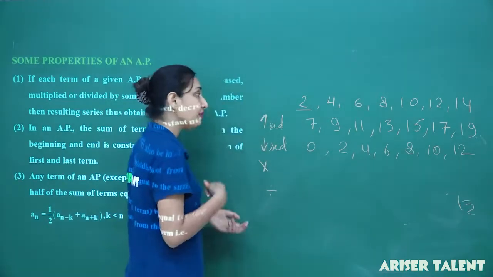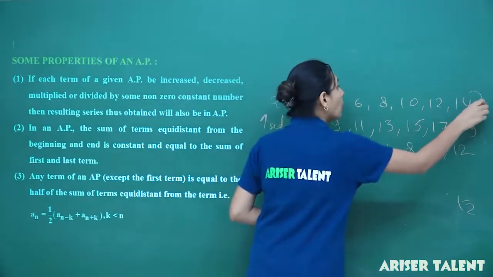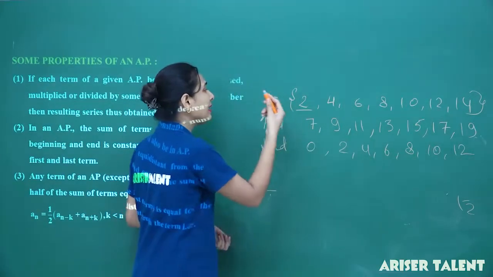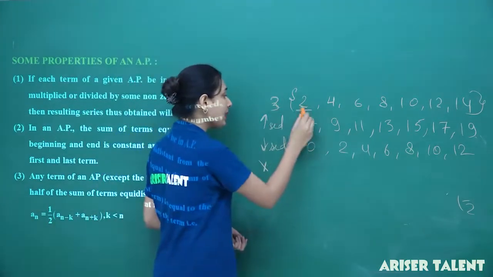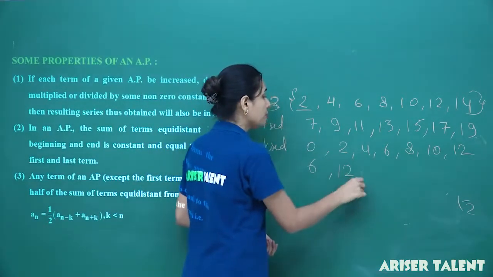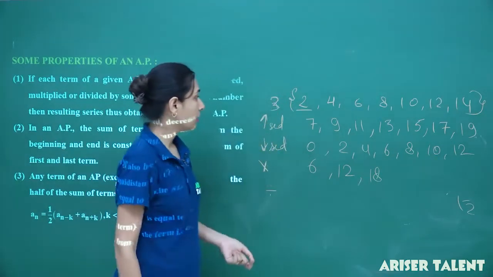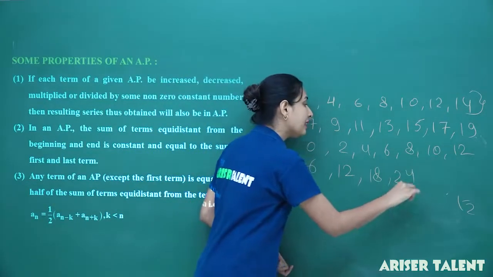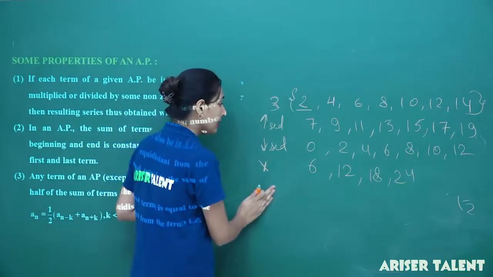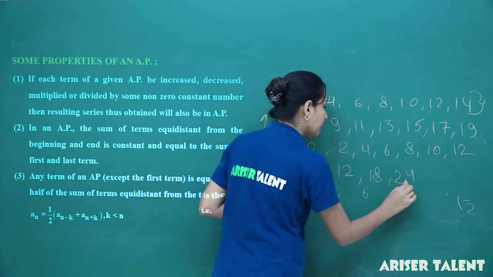Now if I multiply it by 3, that will be 6, 12, 18, 24. Let's leave it here only. Now the difference is 6, the difference is 6, the difference is 6.